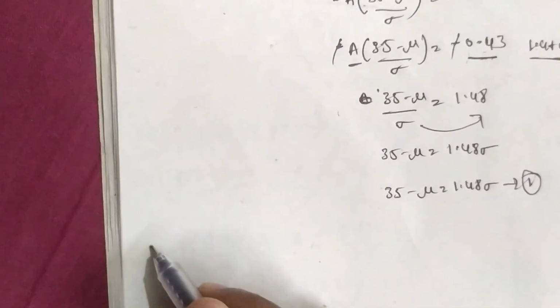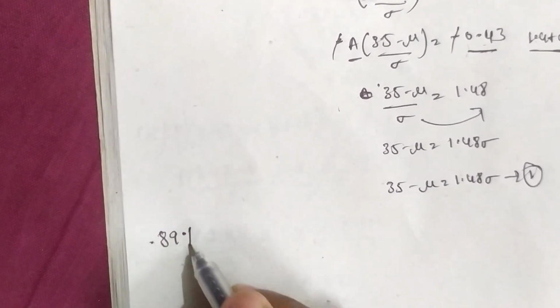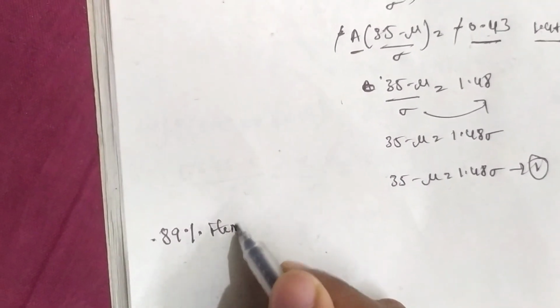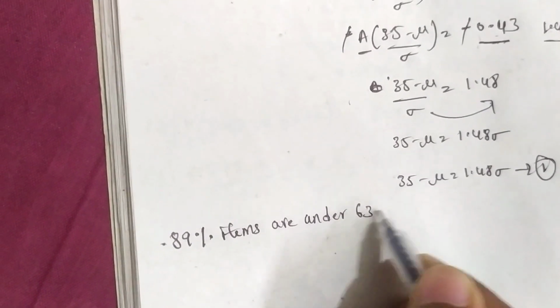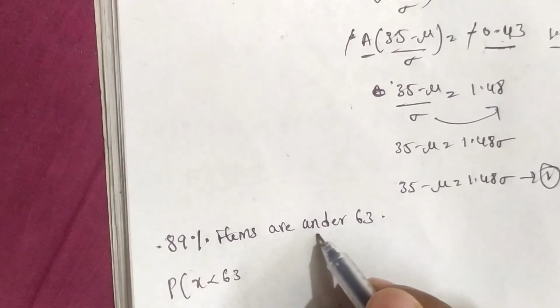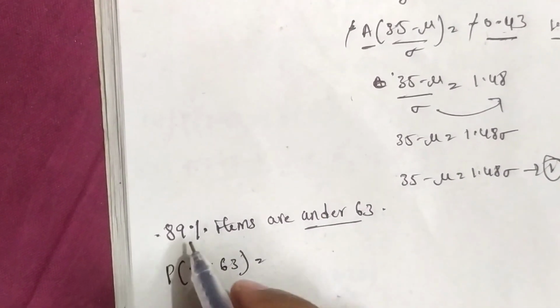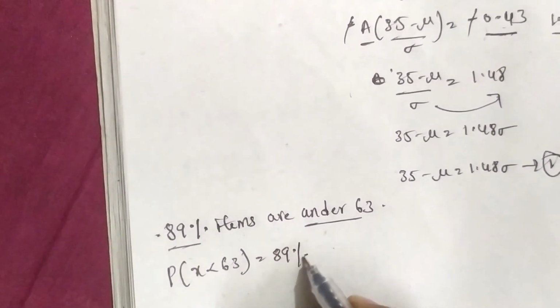Let us take the second condition, that is 89% of items are under 63, that is P of x less than 63, because under 63 equals 89% of items.